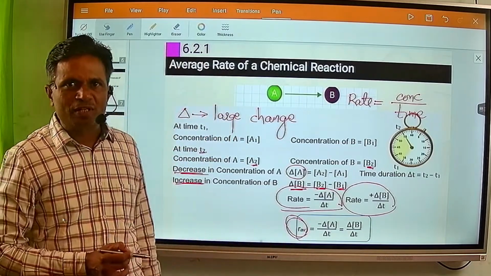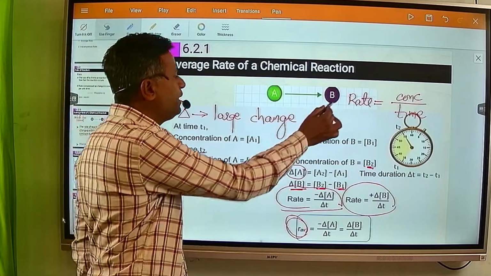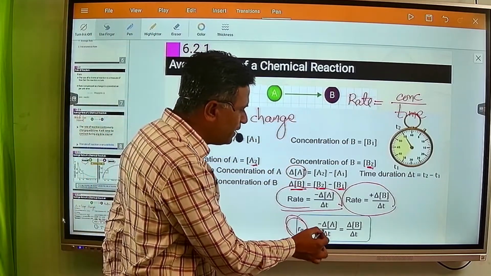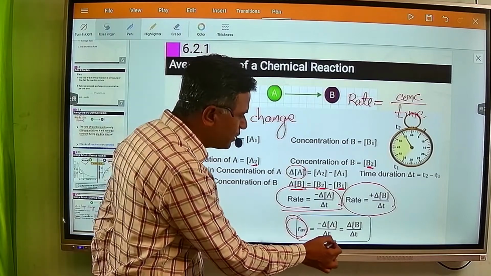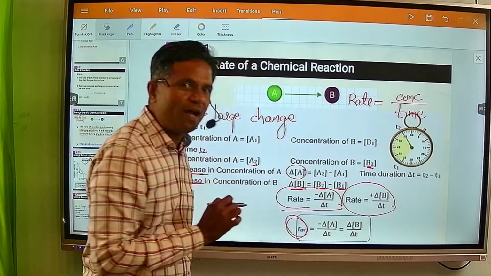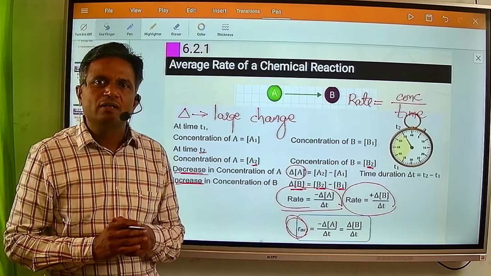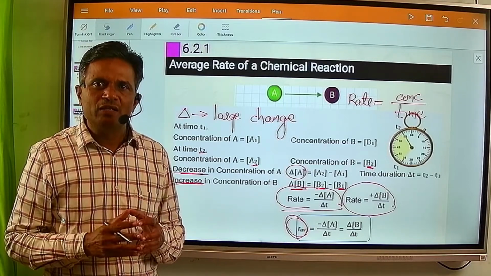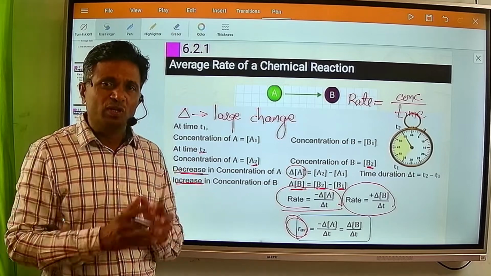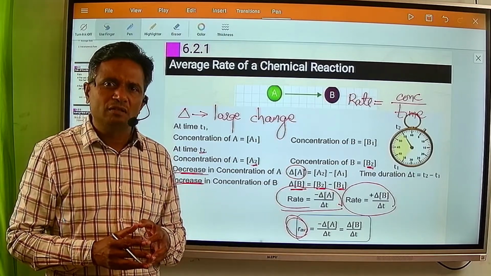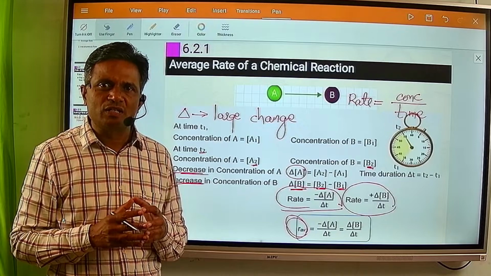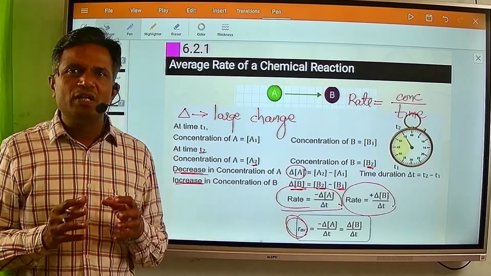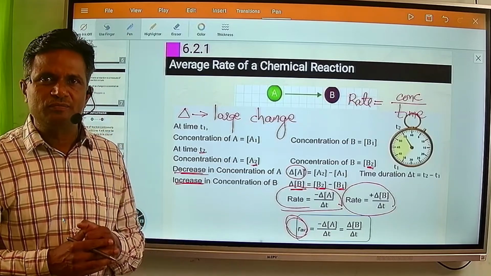So for this particular reaction, A gives B, the average rate becomes minus delta A upon delta T is equal to delta B upon delta T. So this is how you can determine the average rate with the help of your graphs. What you have done is you have selected two concentration terms at two different time intervals. So that will give you the average rate of chemical reaction.